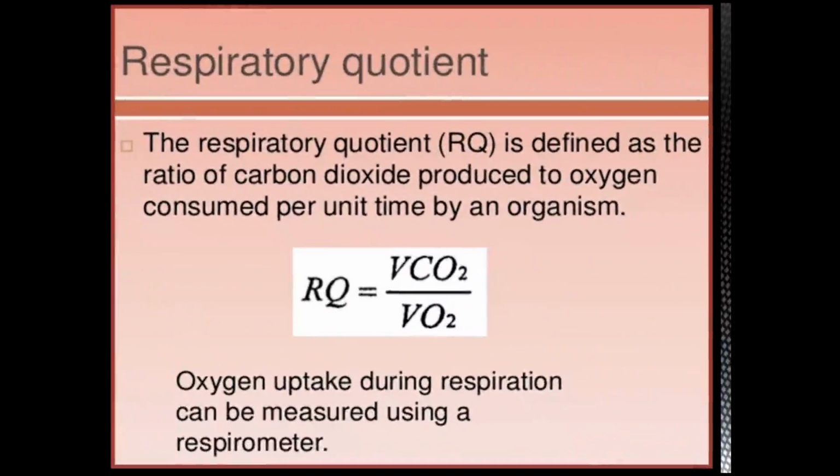Next, we have to see the respiratory quotient. Respiratory quotient is defined as the ratio of carbon dioxide produced to oxygen consumed per unit time by an organism.